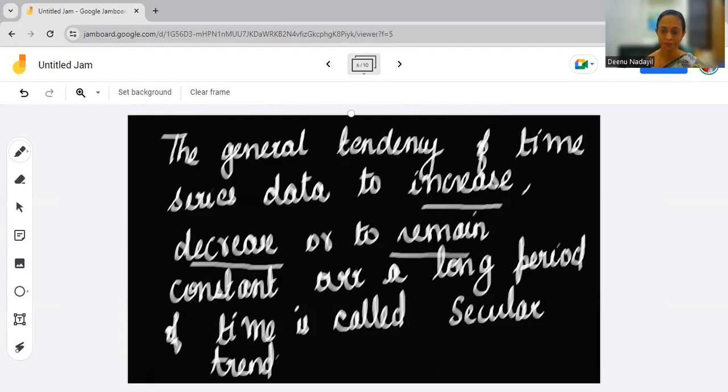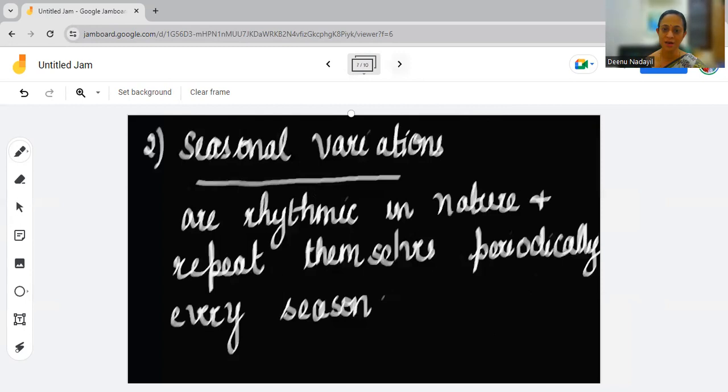Okay, and coming to the next component, seasonal variations. By the name itself, you can identify what it is. They are rhythmic in nature and repeat themselves periodically every season. Can you give an example?